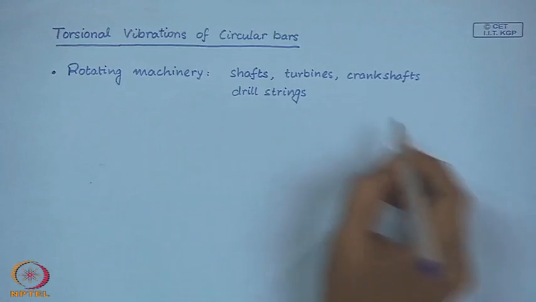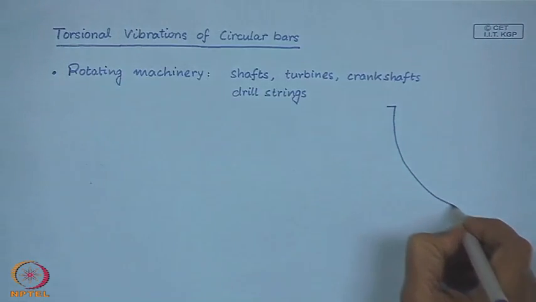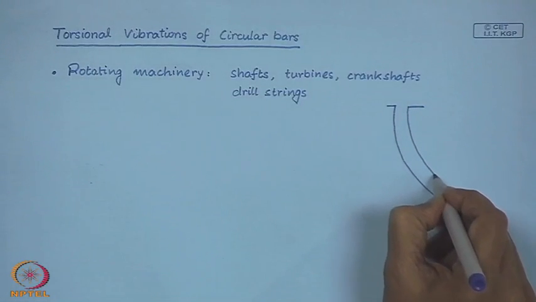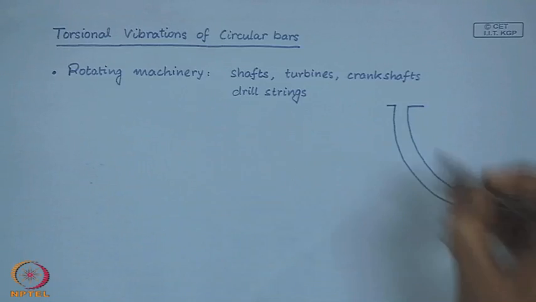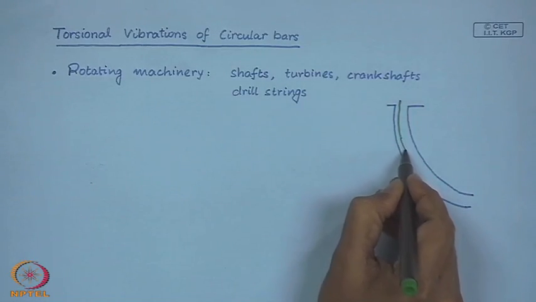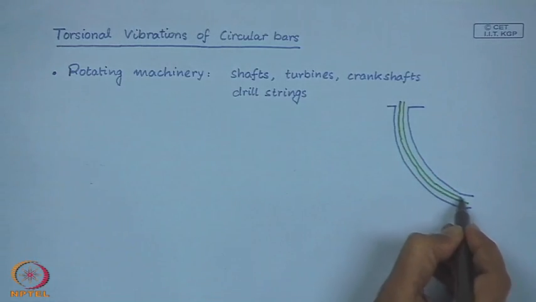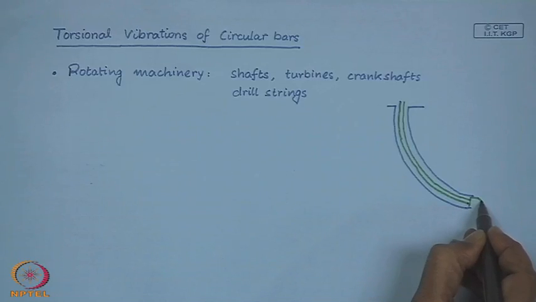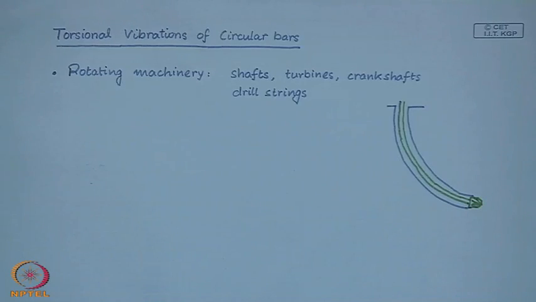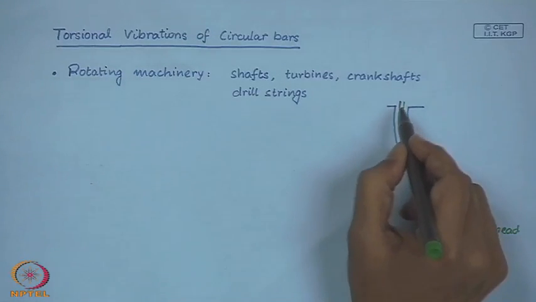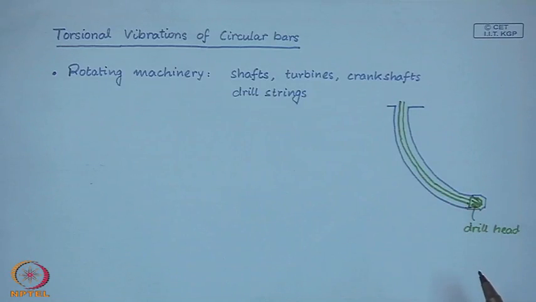So, these shafts, for example, in a mine like this, this is the drilling head, and here you have a shaft which transmits the torque to this drill head.